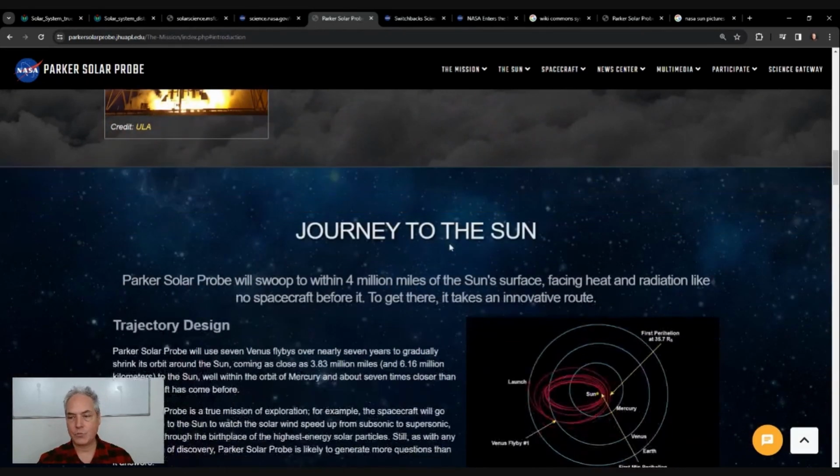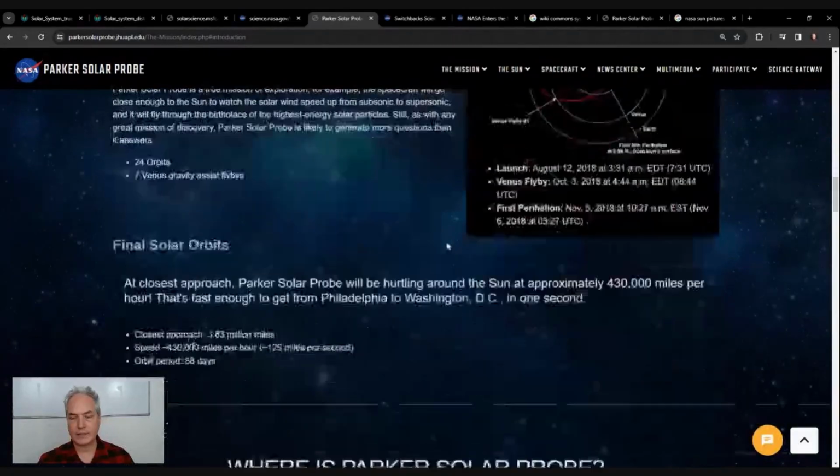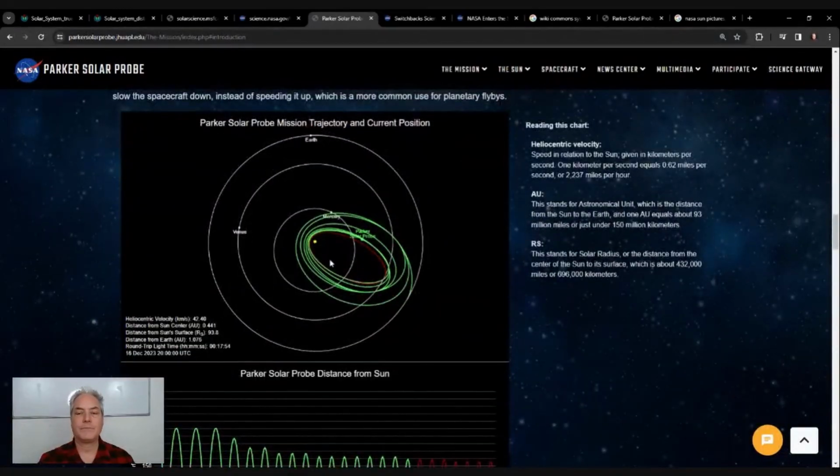So here we have a great graph right here. At this point, the probe left Earth. Here it took 7 orbits around the sun, going back as far as the orbit of Venus, or even going between Venus and Earth with respect to the distance to the sun.